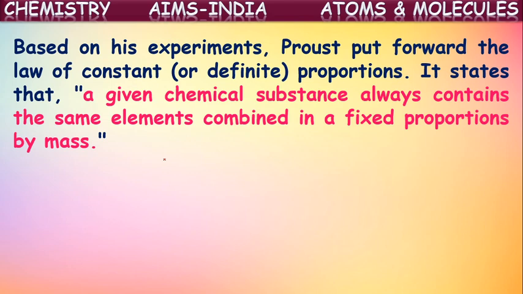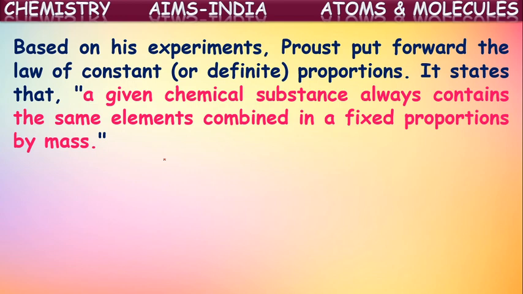Based on his experiments, Proust put forward the law of constant proportions, which is also known as the law of definite proportions. It states that a given chemical substance always contains the same elements combined in fixed proportions by mass. For example, just now I told water.